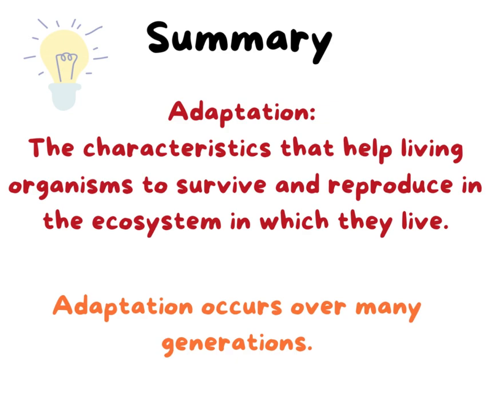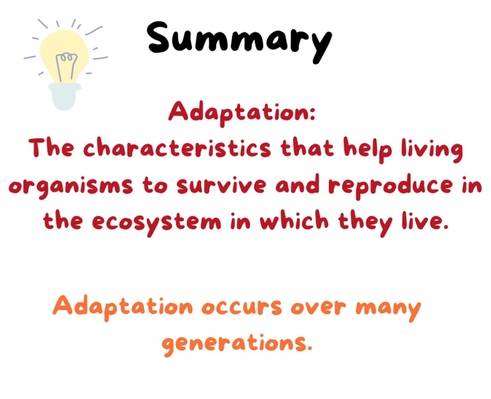We need to summarize what we said. Okay, first we discussed and defined adaptation, okay? And adaptation is the characteristics that help living organisms to survive and reproduce in the ecosystem in which they live, okay?